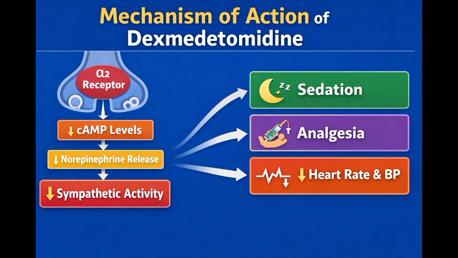And since this one is systemic and is everywhere, it is also going to affect the heart rate and the blood pressure. Now, the central action in the brainstem is responsible for sedation, while the spinal cord and peripheral actions account for analgesia and hemodynamic effects.